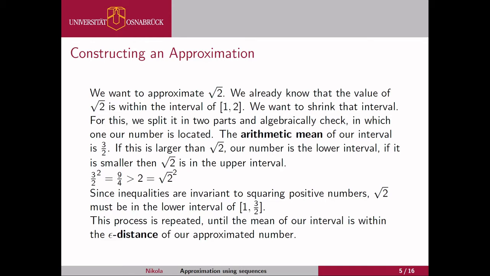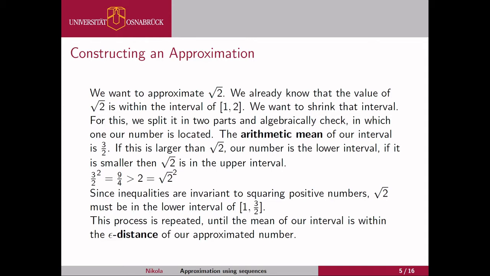So we conveniently know that root 2 is somewhere between 1 and 2, so we can just pick 1 and 2. For the method I'm discussing, this is an important prerequisite. If it is not given, then before you can actually start doing the method of approximation, you have to find an interval which entails your target number.